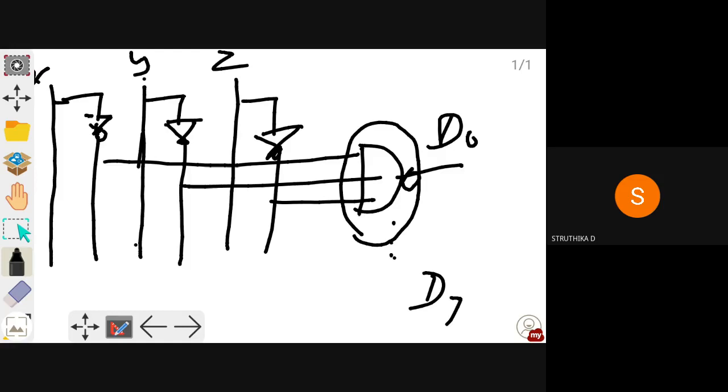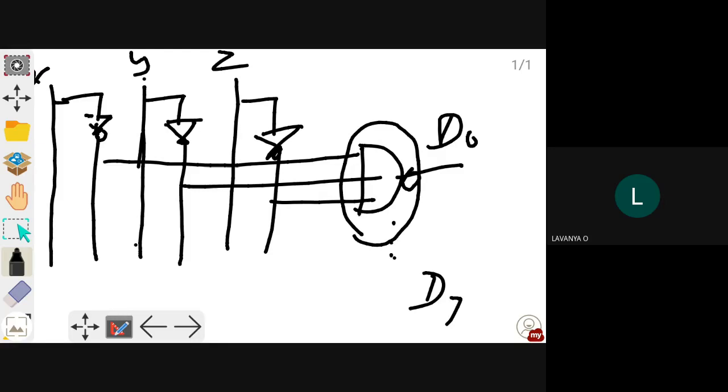So if the question asks you to design a decoder with a NAND gate, you have to write the particular truth table and use a NAND gate. If it asks for an AND gate, you use that truth table and design using an AND gate. If they have not mentioned, you can use either a NAND gate or an AND gate.